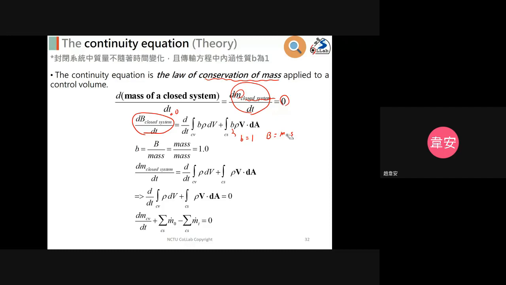Okay, so we rewrite the Reynolds equation for these formulas again. We follow the conservation of mass idea, so this item is always equal to 0.